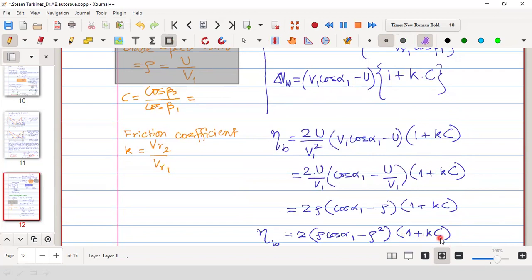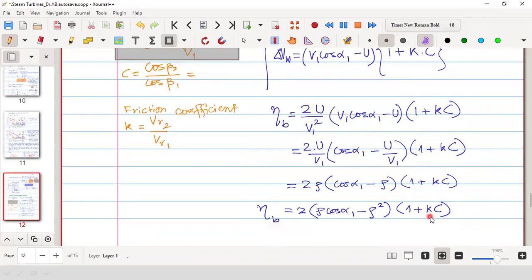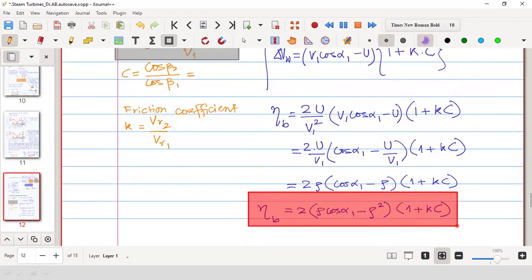For the blade, C is known, that is cos beta 2 by cos beta 1. K is also, that is the friction coefficient for a particular blade, that is known. And alpha 1 is the nozzle angle, that is also known. Therefore, the blade efficiency varies with the blade speed ratio only.